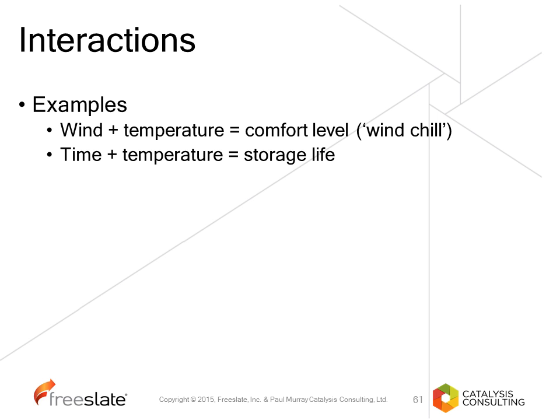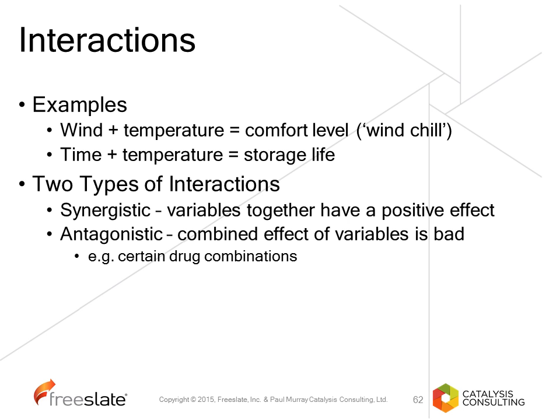If you consider time and temperature for food, they can affect the storage life of food. The simplest thing with interaction is that there are two types of interaction. You can have interactions which work together to give a positive effect, so they can be synergistic, so you get an improvement in your product or yield.